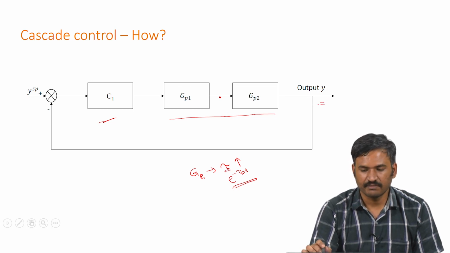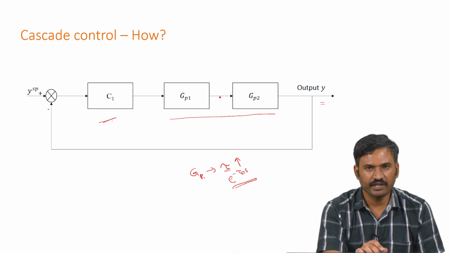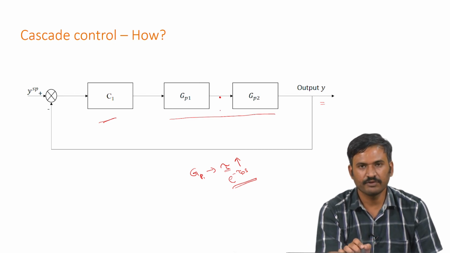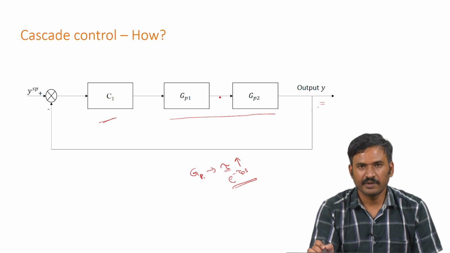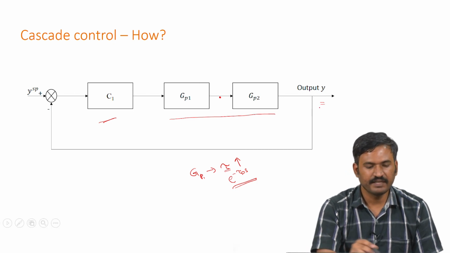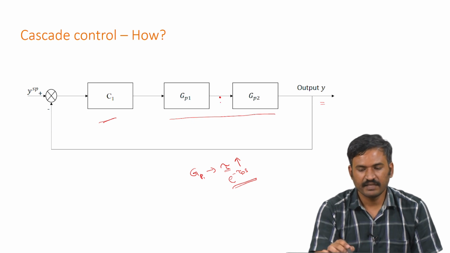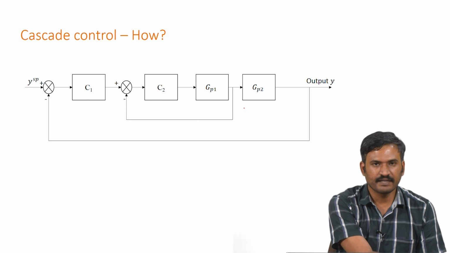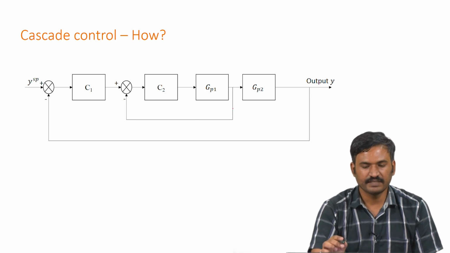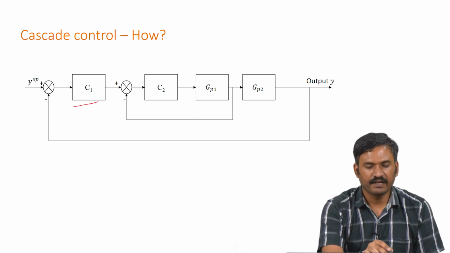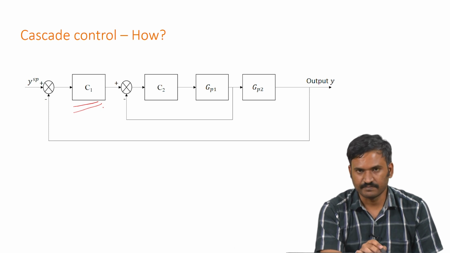So, irrespective of the tuning of this controller, we may not be able to control the output such that it reaches the set point quickly. So, in this case, if there is a measurement available in between GP1 and GP2, then we can think of adding another layer of controller which is cascaded along with this original controller.